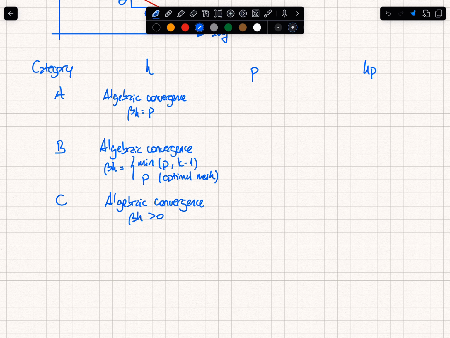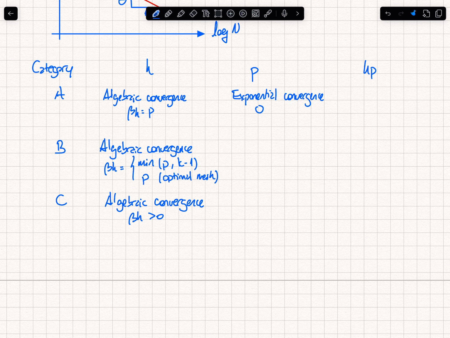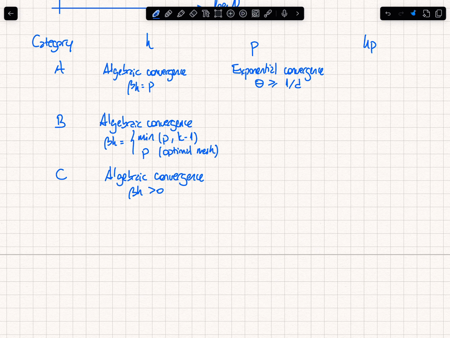Okay, for p-FEM, problems in category A, what type of convergence do we have? Exponential. So we know that theta is greater than or equal to 1 over d. D is the dimensionality. For problems in category B, p-FEM gives algebraic convergence.